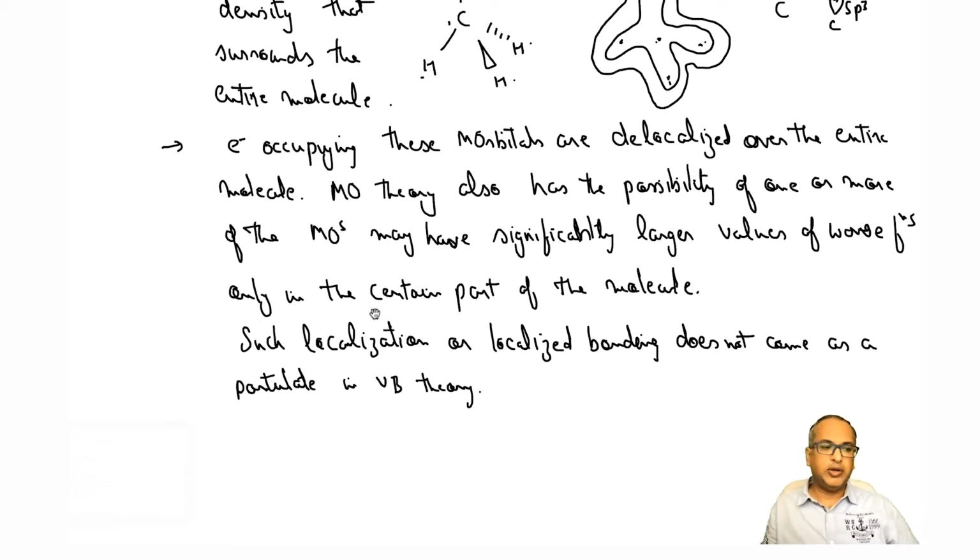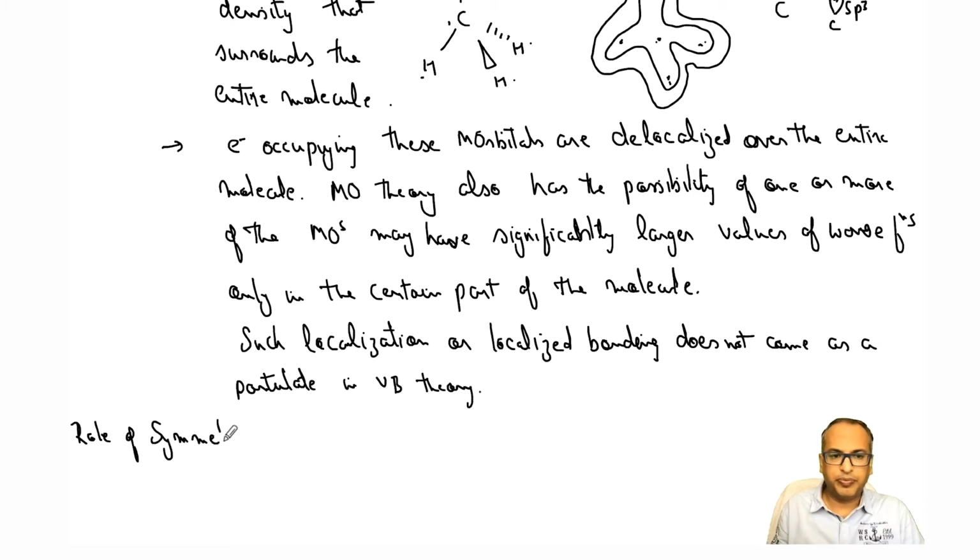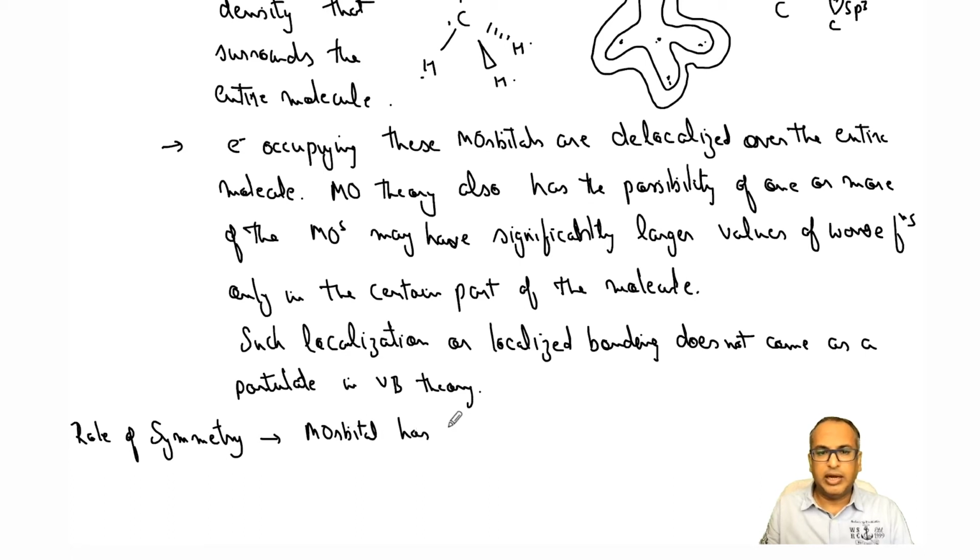So now, before actually going to develop the MO diagram using different examples by help of symmetry and group theory, let us see what is the role of symmetry, how symmetry can play a role in MO theory. So imagine that the molecular orbital has the symmetry of the molecule.